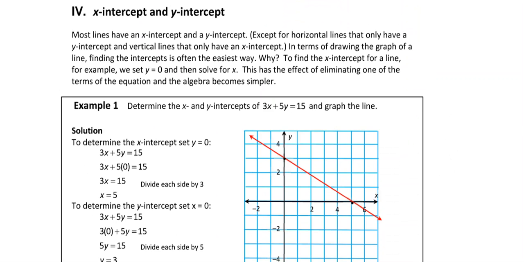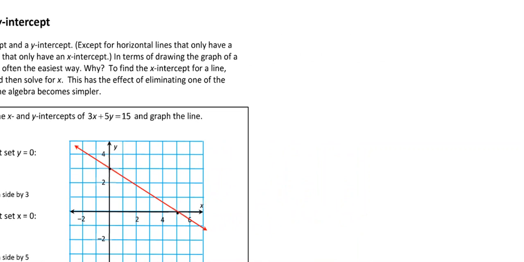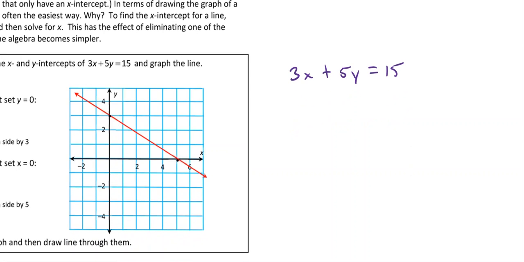Okay, x and y intercepts. So if we started off with, let's say, 3x plus 5y equals 15, and the question asks what our x-intercept and y-intercept are. Remember, if I'm looking for my y-intercept, then my x value would be equal to what? 0.